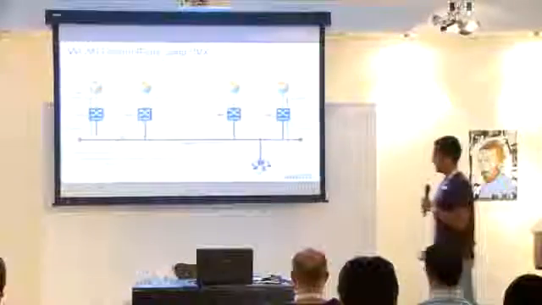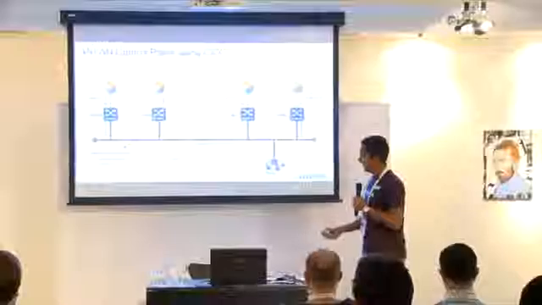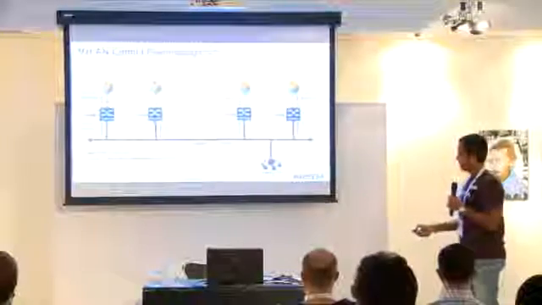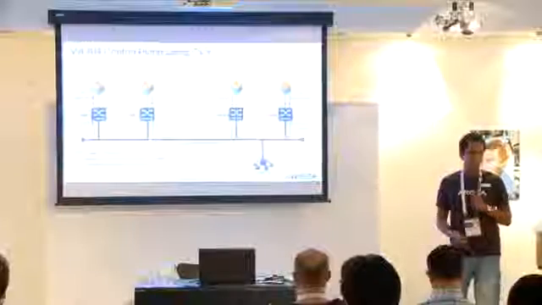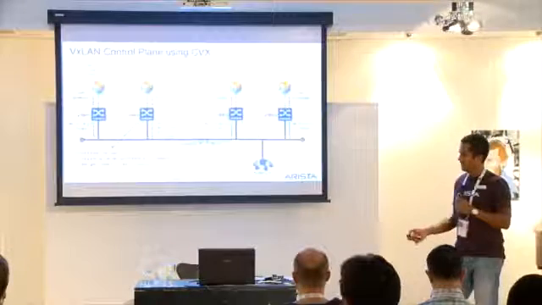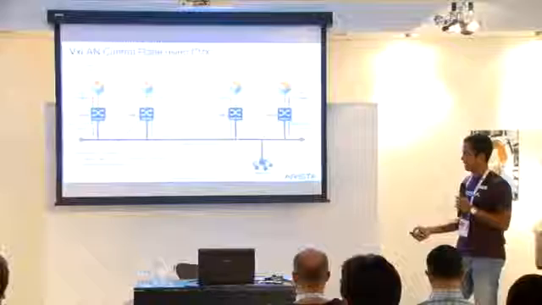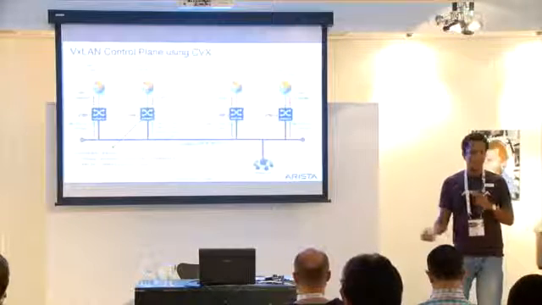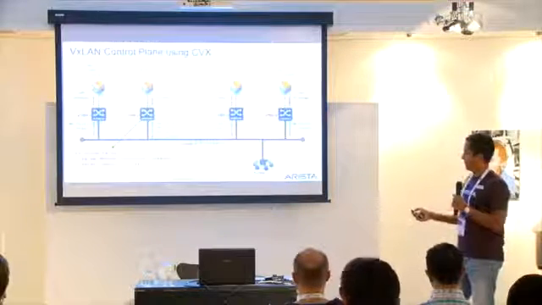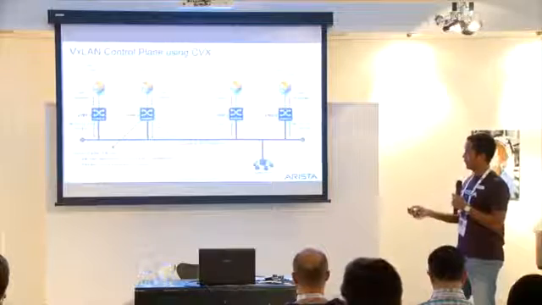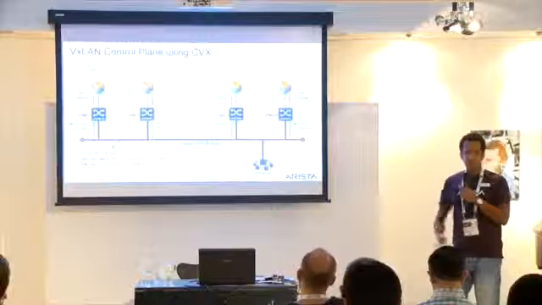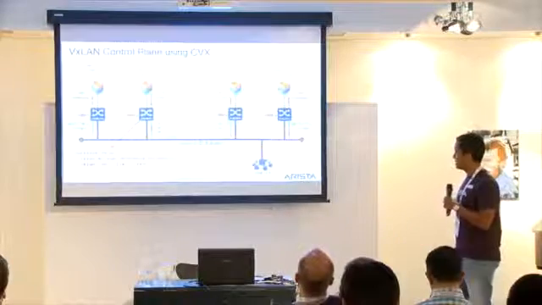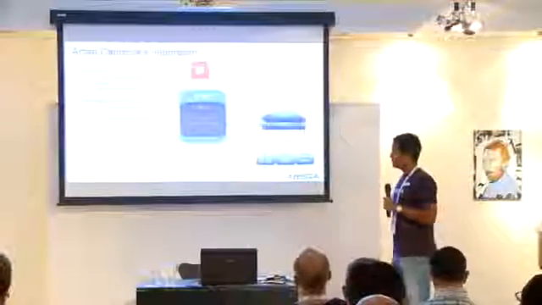So the configuration is much simpler, because CVX or the controller will have a list of all your VTEPs. Hence, you don't specify anything like, okay, these are my VTEPs. And when it comes to the packet flow, it's the same thing, except this guy will now have a dynamically learned list of VTEPs to send the packet to.